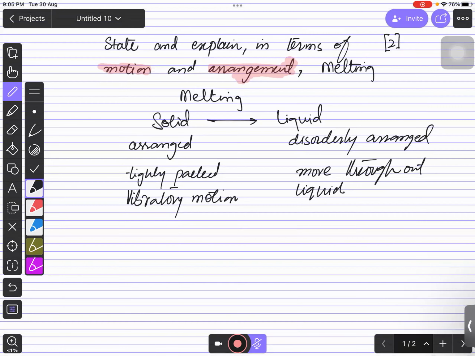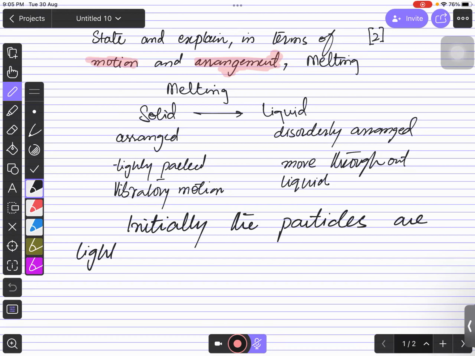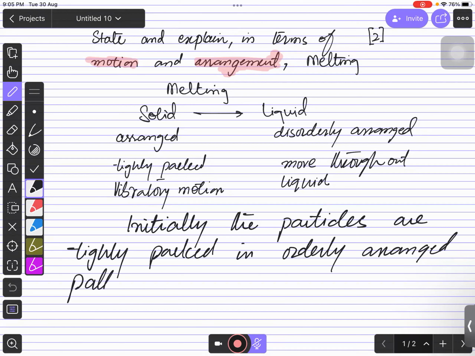How can you frame your answer? You can frame it like this: initially, the particles are tightly packed in an orderly arranged pattern, vibrating from their fixed position.